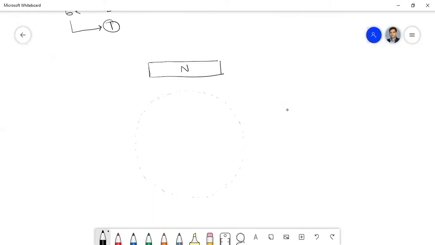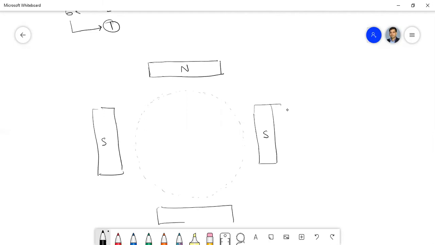So it will basically be a 4-pole machine, as I told you. Suppose you have a north pole, and this is another pole. These two are the south poles, and these two are the north poles.